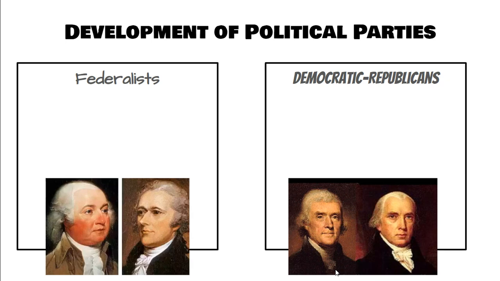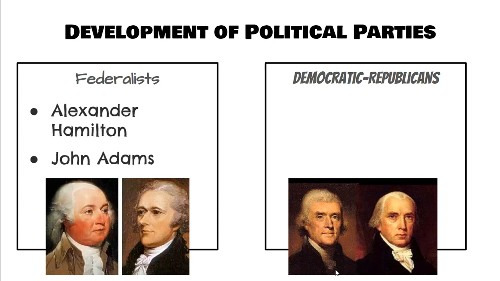These 2 political parties developed, like we said, out of the disagreement over Hamilton's economic plan. We have the Federalists on one side with Hamilton and Adams, and we know that John Adams becomes the first Federalist president.